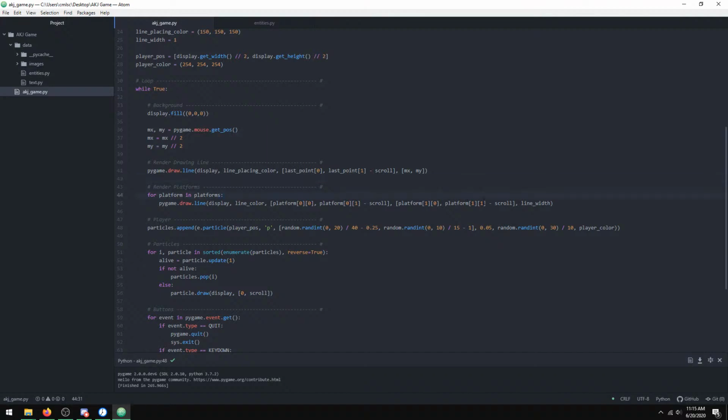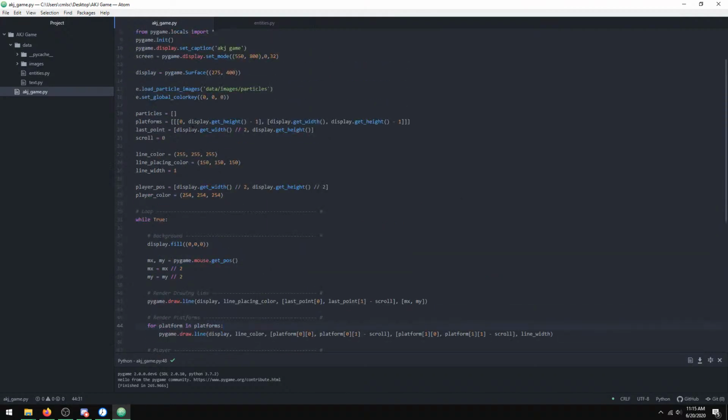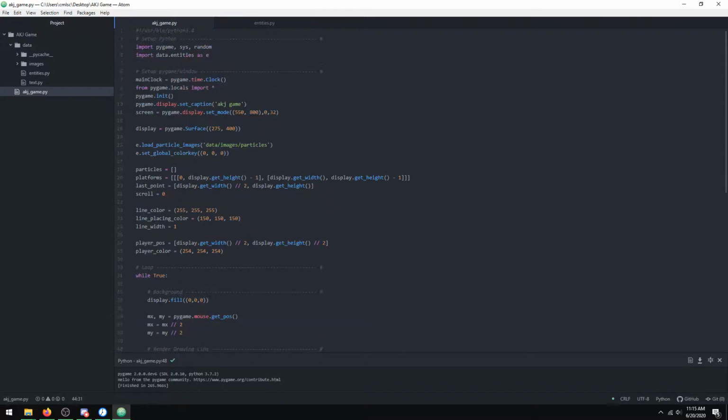So the player needs to be able to fall now. And it needs to have velocity in both axes. So where's the player? Oh, here it is. Player velocity 0, 0.